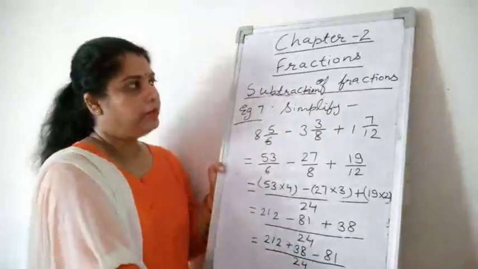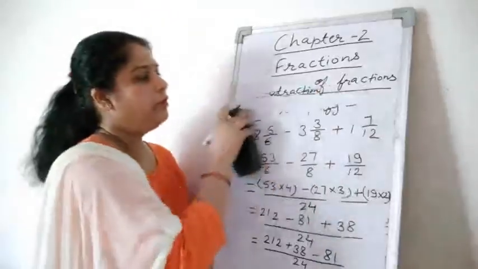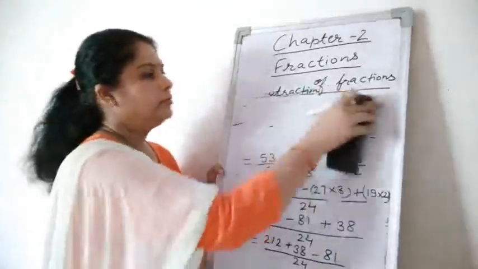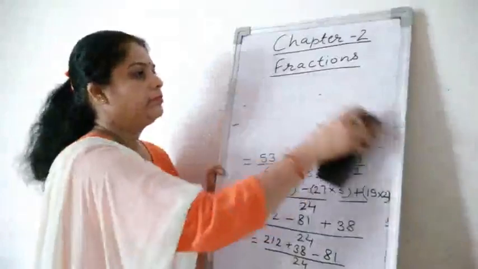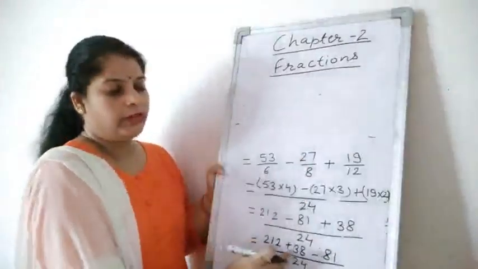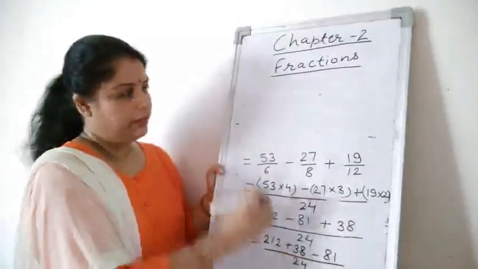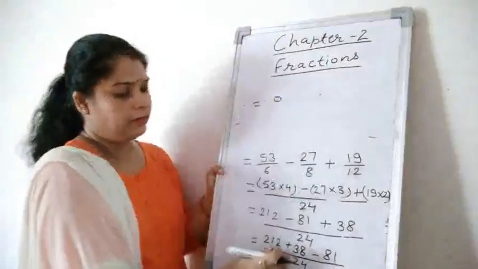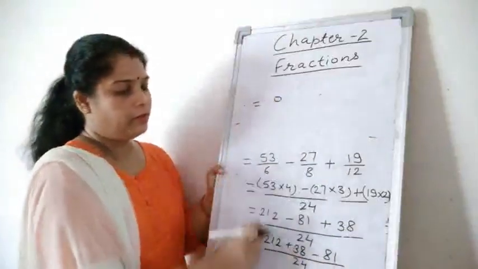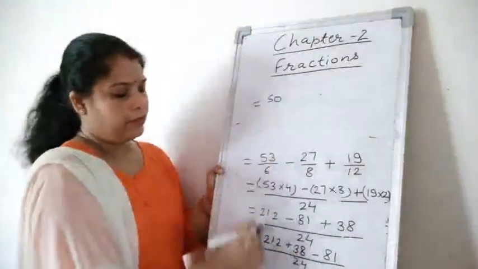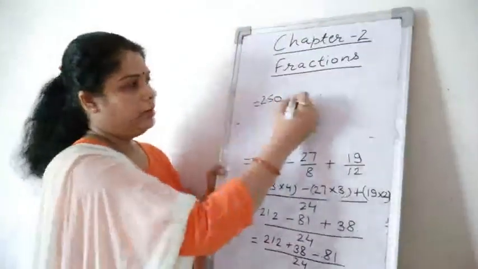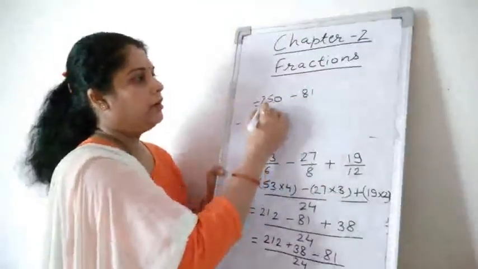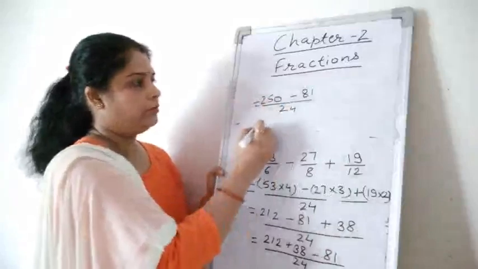Now add them up. Now 212 plus 38. 8 and 2, 10. Carry 1. 3 and 1, 4 and 1, 5 and 2. 250 minus 81 upon 24.